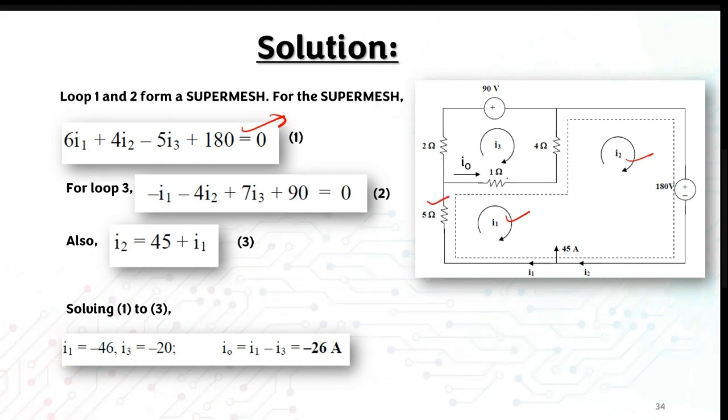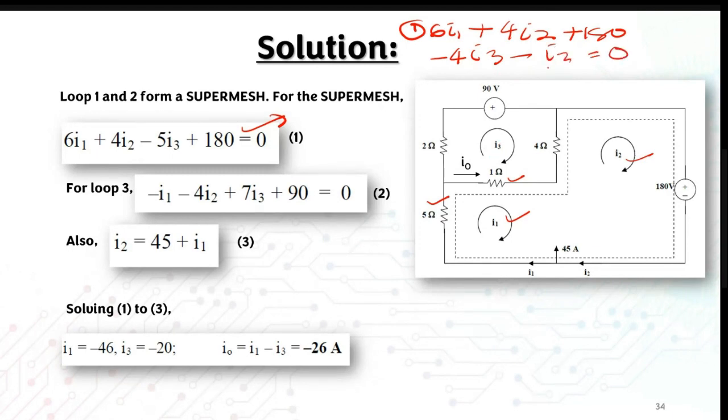So 6 plus 1, for mesh 1 you will have 6I1. Both share the same mesh here. Plus 4I2, plus 180, and then you need to minus 4I3 and minus 1I3, equal to 0.